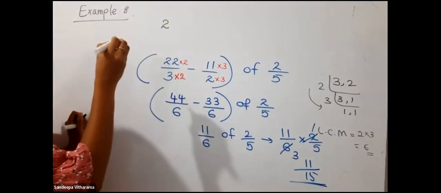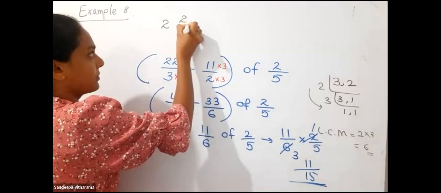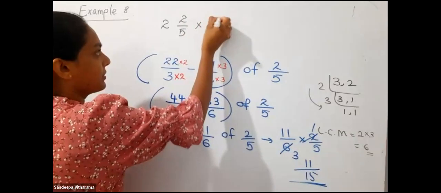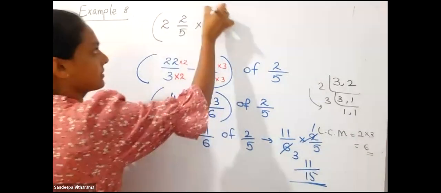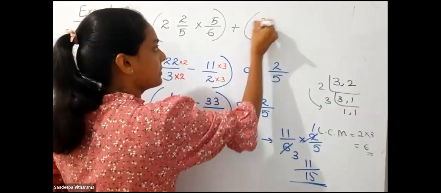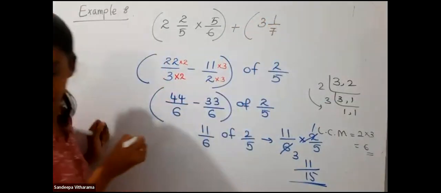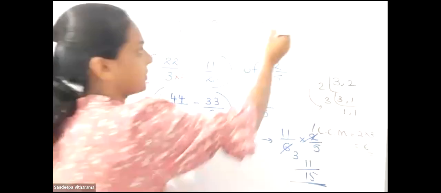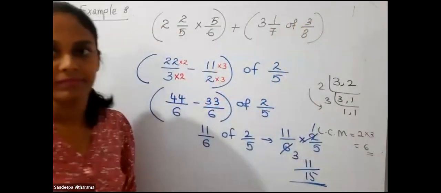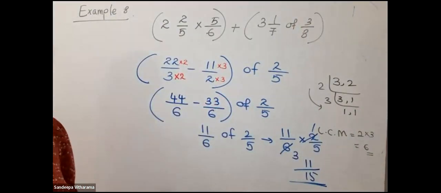It is 2 upon 5 multiplied by 5 upon 6, and 3 and 1 upon 7 of 3 upon 8. Okay, now try to simplify this one.